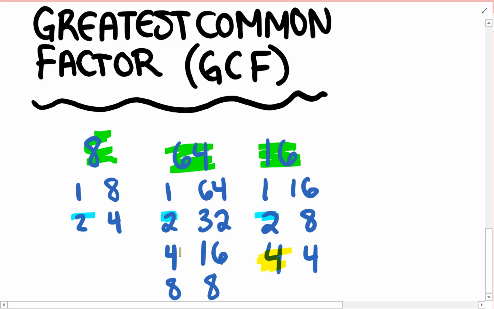Nope, 4 is a bigger one. What about 8? 8 goes into 8, 8 goes into 64, 8 goes into 16. Oh my goodness! So what is the GCF here? The GCF of 8, 64, and 16 is 8. That's the largest number that is a factor of all three of these.